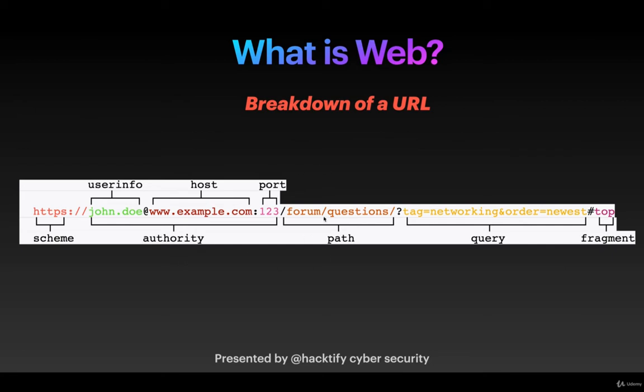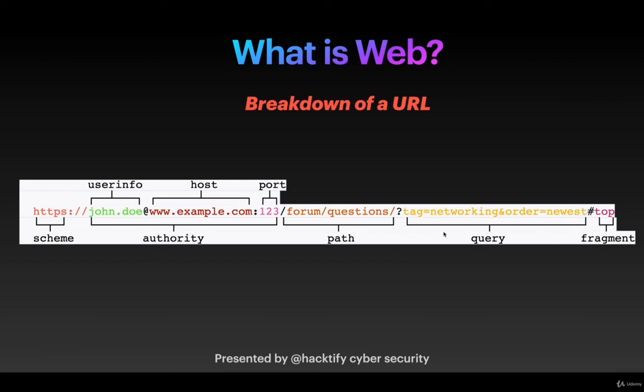Now over here, you can see /forum/questions. This is nothing but a virtual path or a directory that has been created in that particular web server. Now you can see tag equals networking and order equals newest.